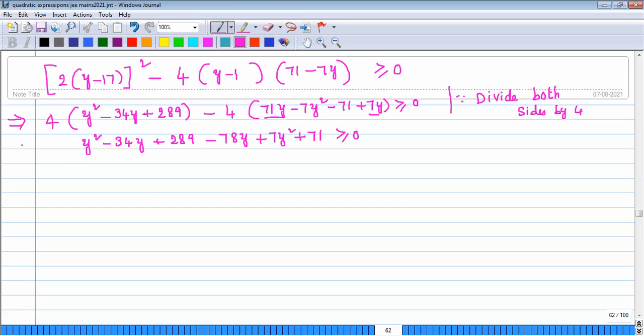So further, we need to simplify this one. 7y square plus y square is 8y square, minus 34y minus 78y, how much you will be getting? Minus 112y. Next, 289 plus 71, how much you will be getting?